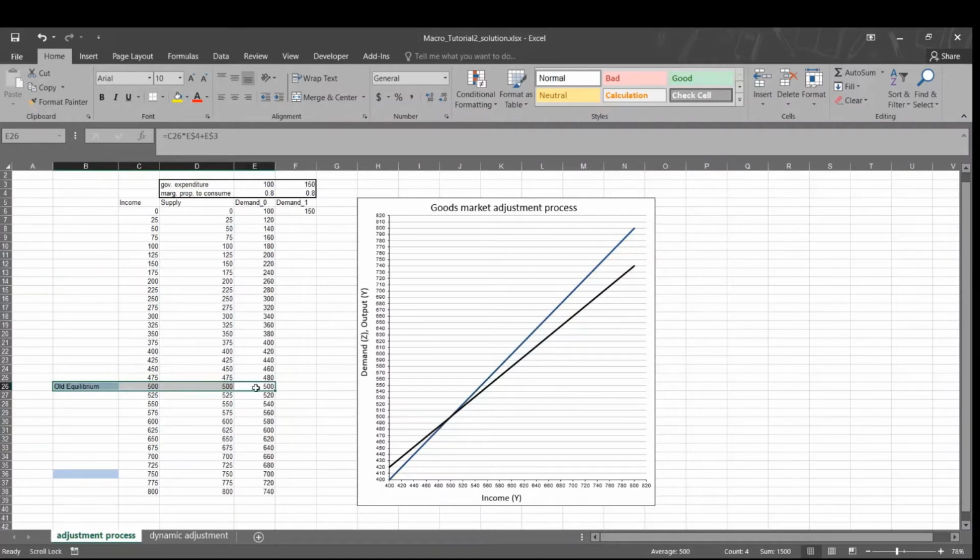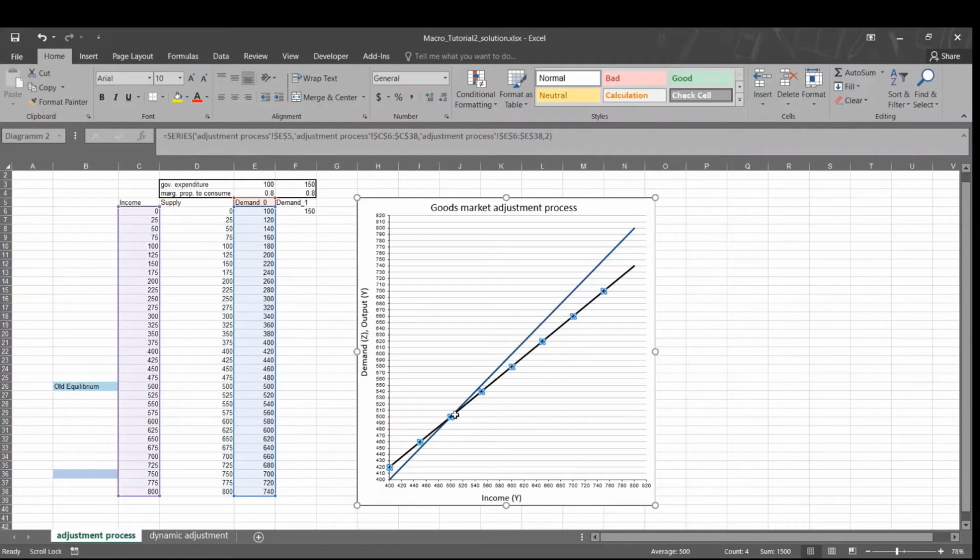We would have 500 for both income and demand, so income or supply is equal to demand.